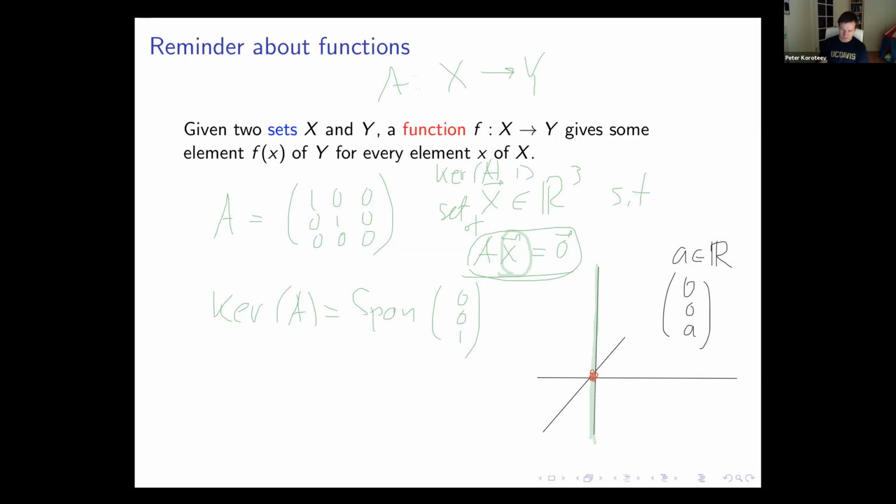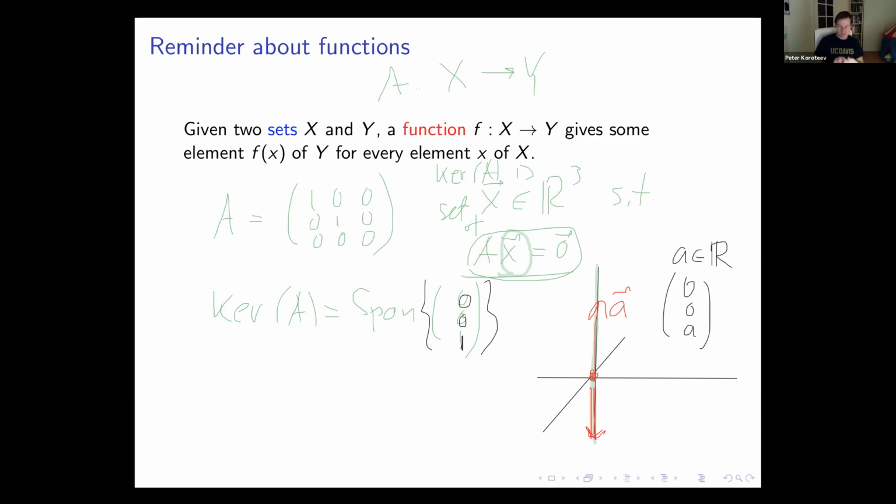So this is the kernel of map A. So in this case, kernel of A is the span of this vector, right? Because what are these vectors? These are vectors which go along the vertical axis.